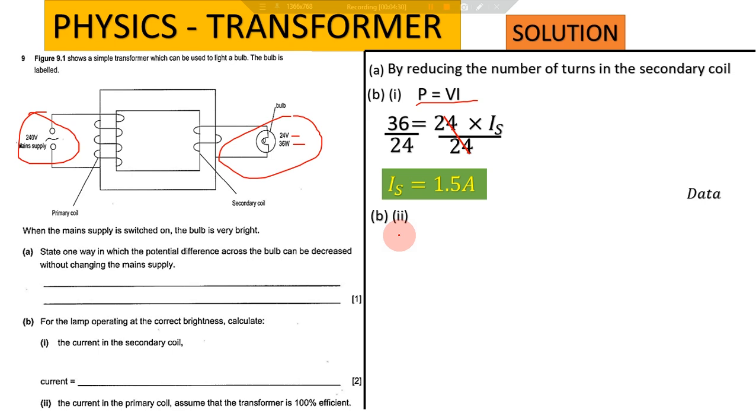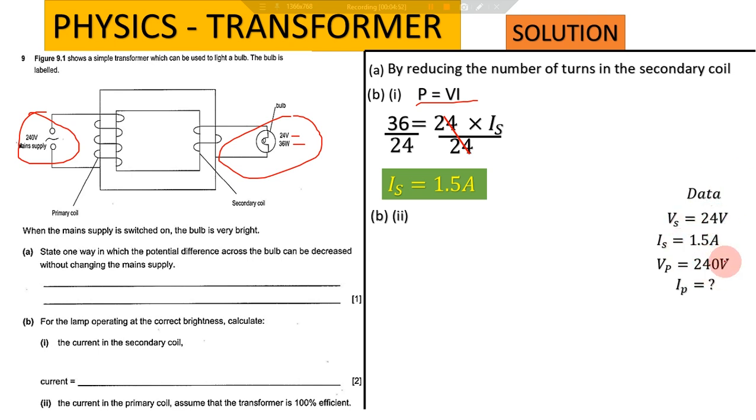So on the data, we've been given voltage in the secondary coil as 24 volts. Current in the secondary coil, we just calculated, which is 1.5 amps. And then voltage in the primary coil, we have 240 volts. Then in the primary coil, we do not have current, so question mark.